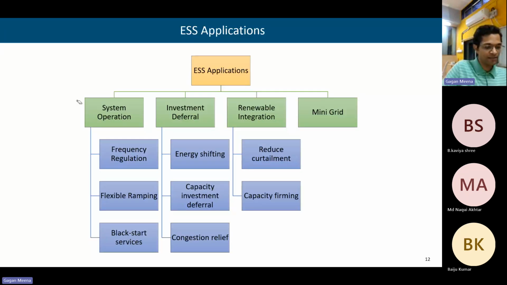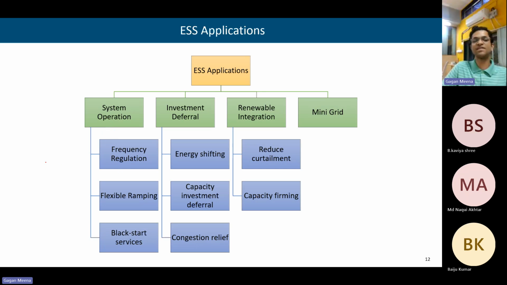So these are the different applications of energy storage where we can use them. These are categorized into four groups. One is system operation, which we have already discussed. The system operation services are frequency regulation.